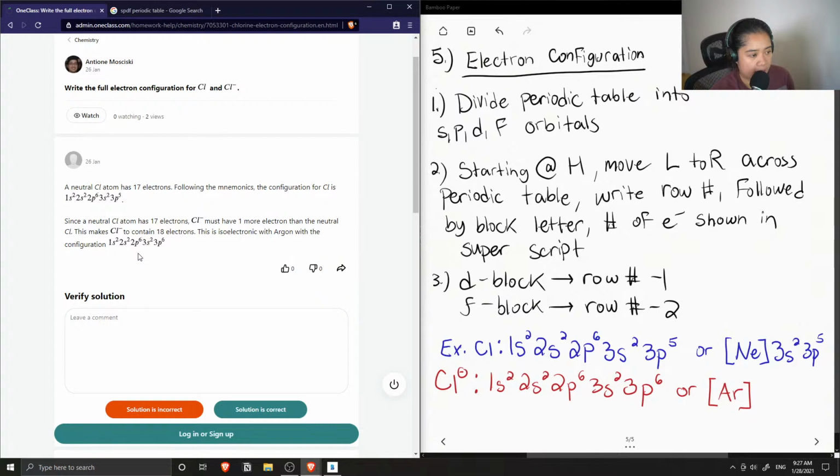So this is isoelectronic with argon, with the electron configuration 1s2, 2s2, 2p6, 3s2, 3p6. Okay, so isoelectronic means that they have the same electron configuration. So this solution is correct.